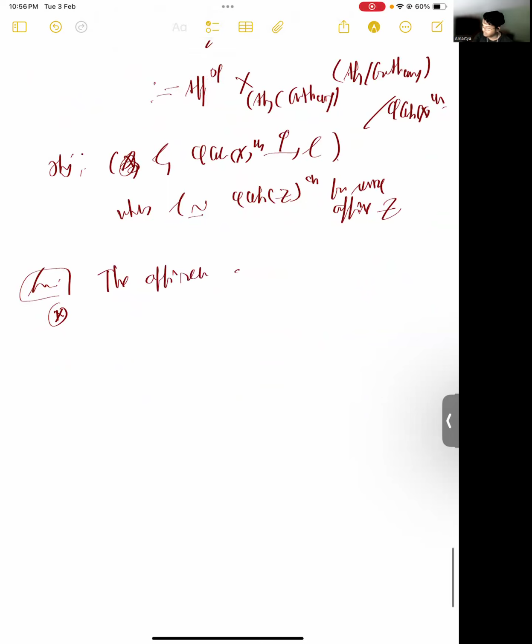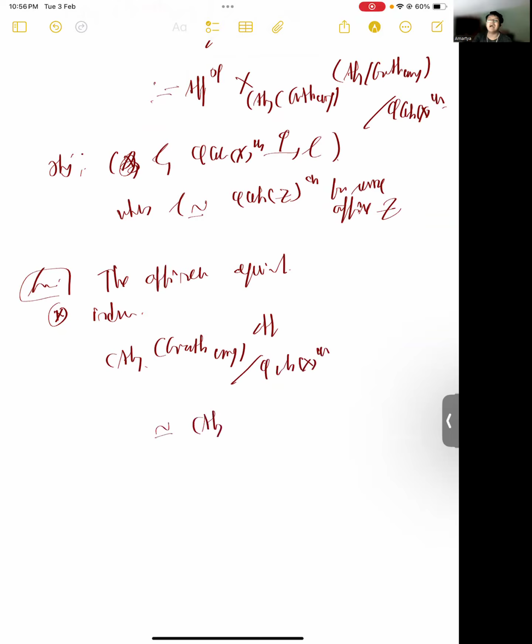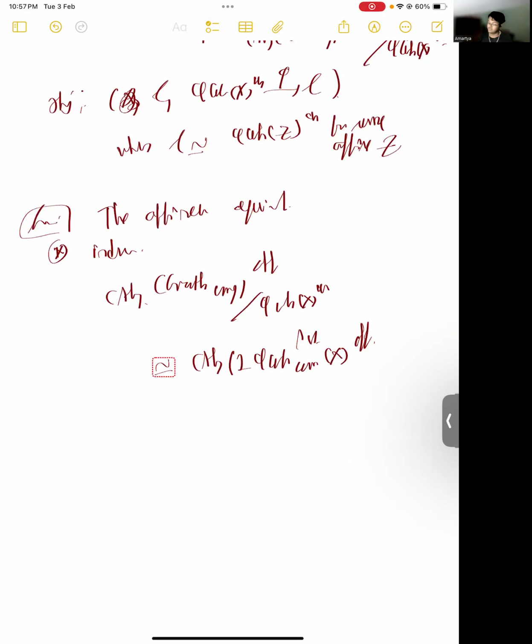The affineness equivalence basically induces this equivalence between CAlg of graph comp half mod Q-coh Cn and CAlg of 2Q-cop PST complex F. So the right hand side consists of commutative algebra objects in 2Q-cop PST complex whose underlying sheaf is locally of the form Q-coh ZCN.